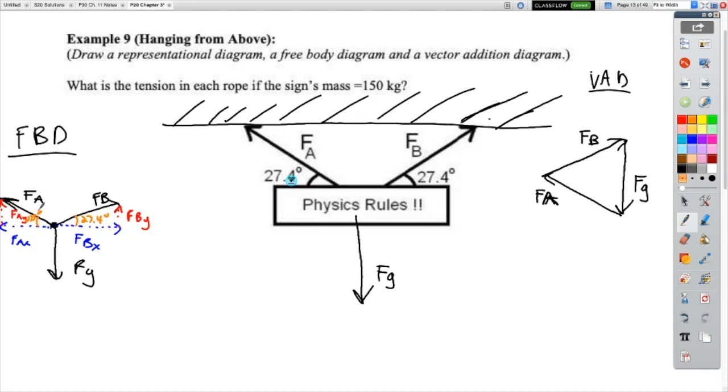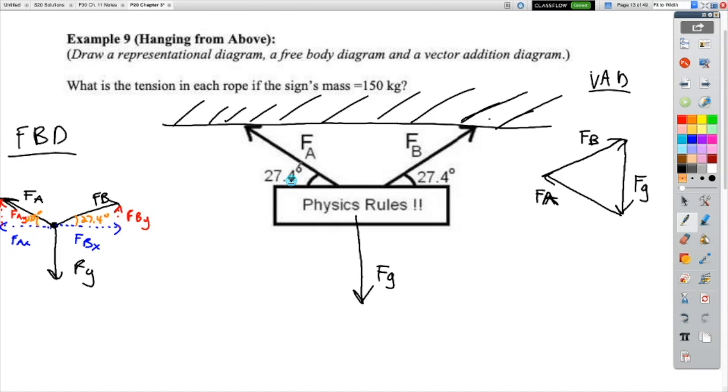Okay, I'm just going to point something out here that will be useful to us in a second. Let's actually take a look at FA and FB. What do you think? Let's not worry about direction, but just size. How do you think they compare to each other? Okay. We have the same angle here, and we know that however hard A is pulling to the left, B must be pulling to the right.